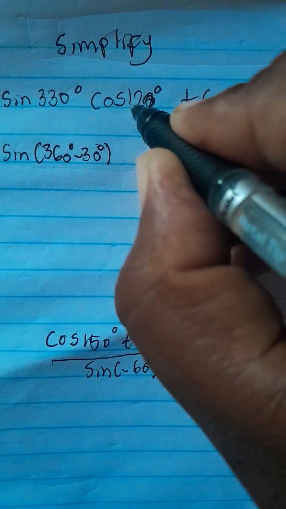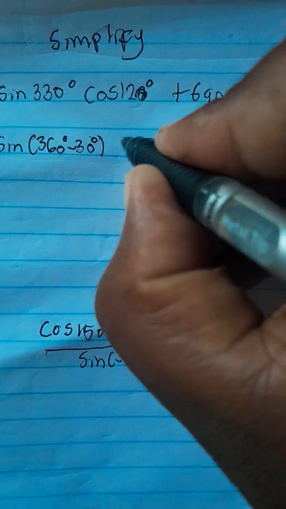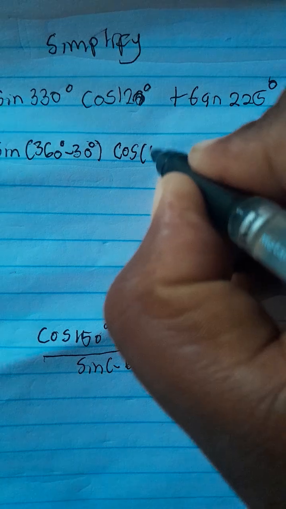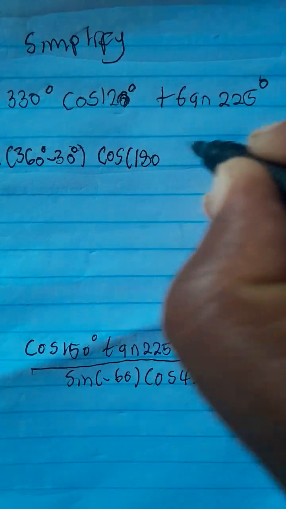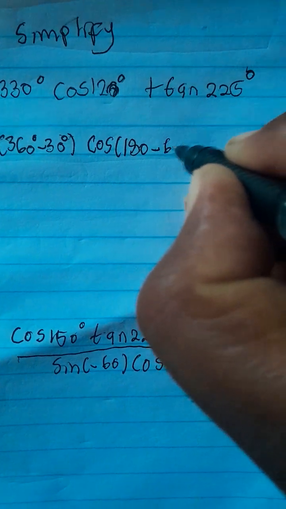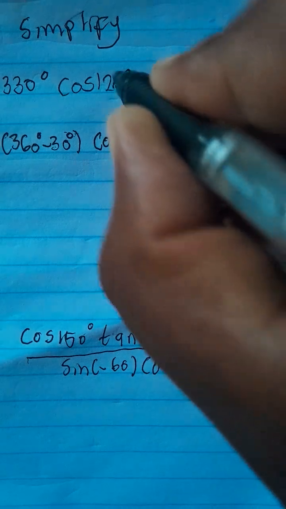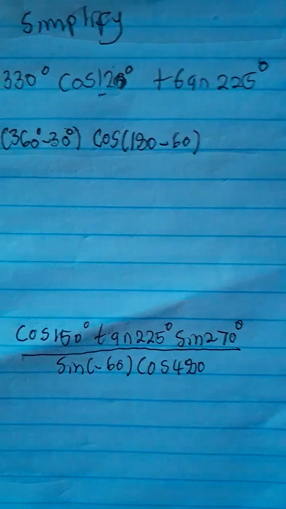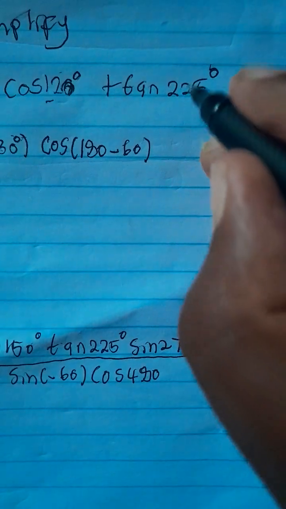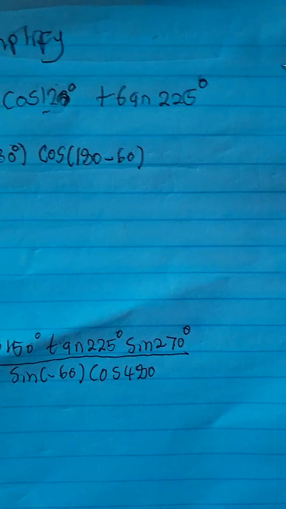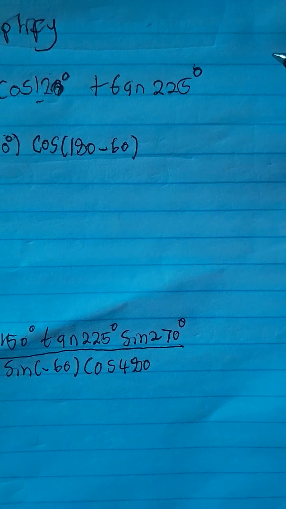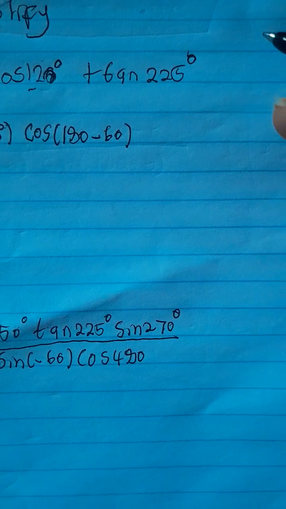Then let's reduce 120. We can reduce it by 180. So we could just say 180 minus what? Minus 60, so that we get 120 there. So you must get here when you subtract or add, right? What about 225? It's made up of 180 plus 45. 45 is a special angle, right?